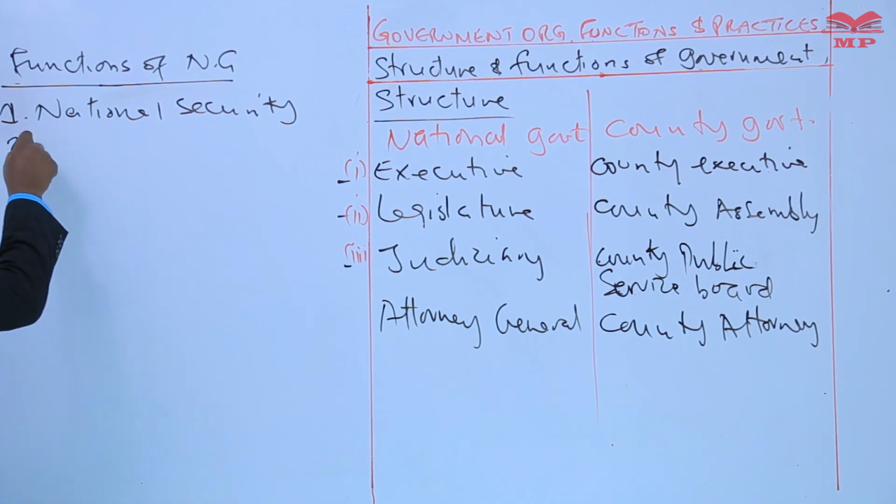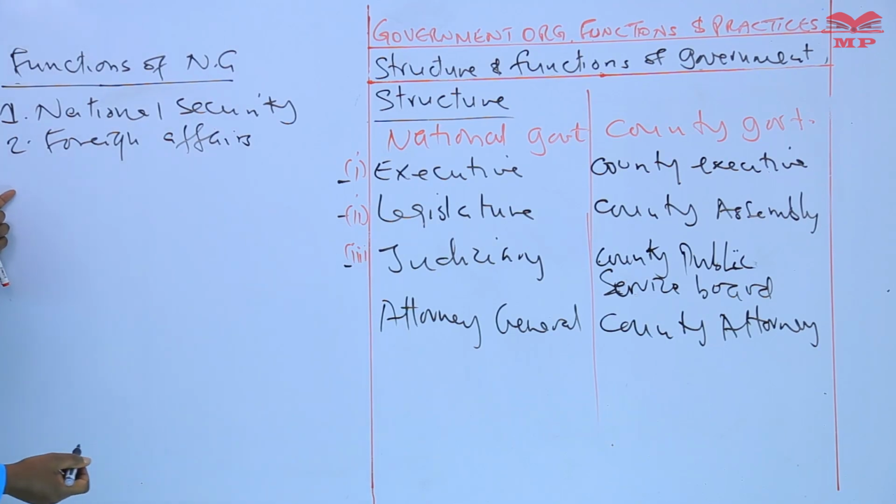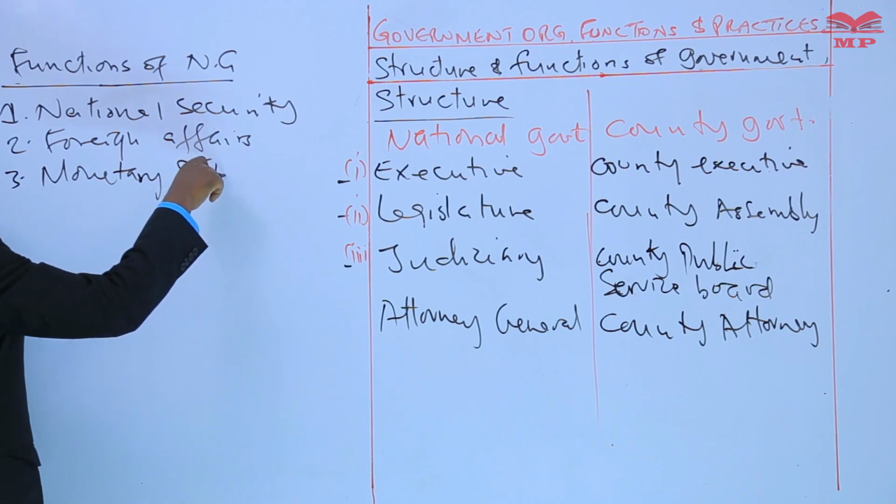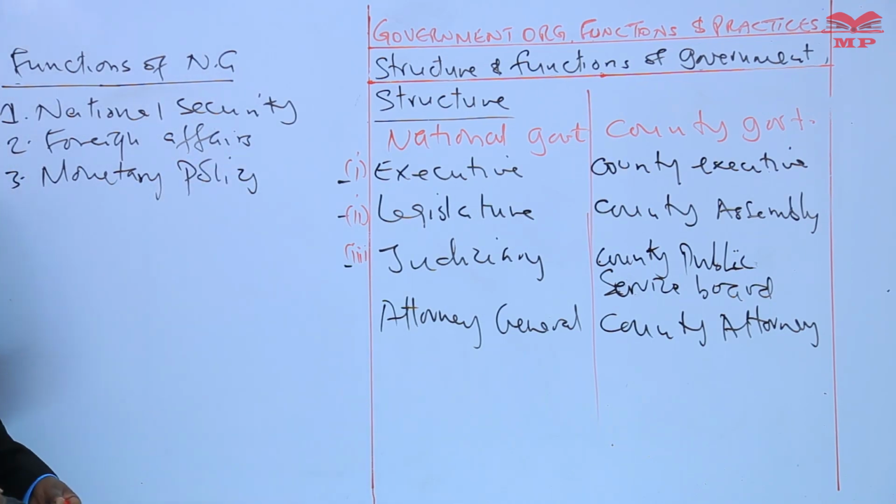2, foreign affairs, that is a function of the national government. The national government is responsible for Kenya's international relations, including diplomatic relations with other countries, representing the country at international organizations, and also the management of foreign aid and grants. 3, monetary policy is the function of the national government.